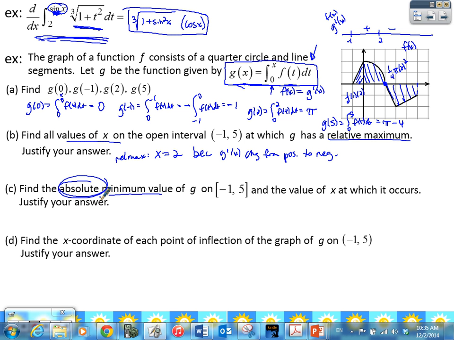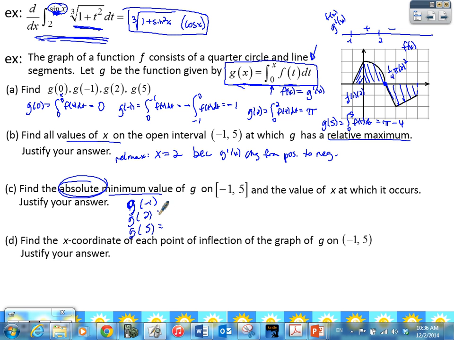How do we find the candidates? Endpoints and zeros of the derivative, critical numbers of the derivative, right? And we don't have an undefined, so endpoints and zeros of the derivative. So our candidates are, like we need a drum roll or something, g of -1, g of, what did we say? That was 2, and g of 5.